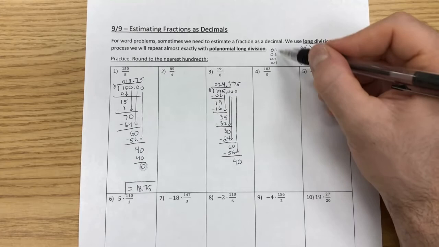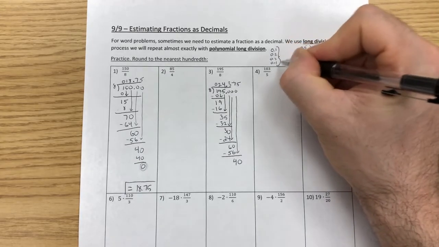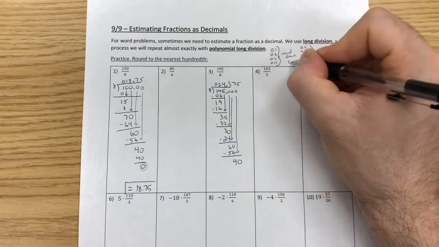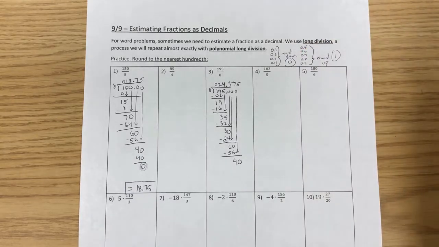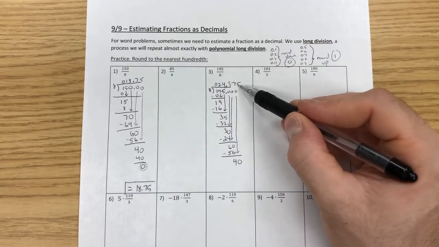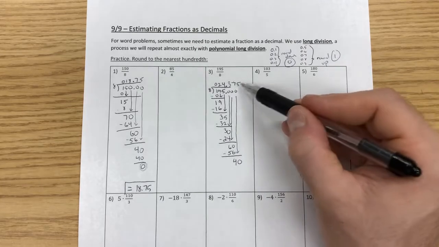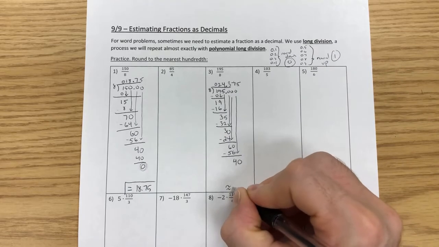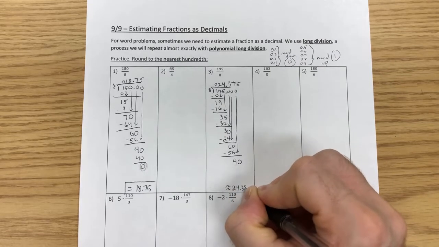If the decimal ends in a 4 or less, this is a round down. Rounds down to a 0. So if it ends in a 5 or greater, I round up. So that means that that becomes an 8. So this is equivalent to 24.38.